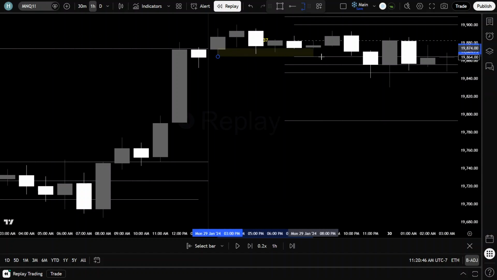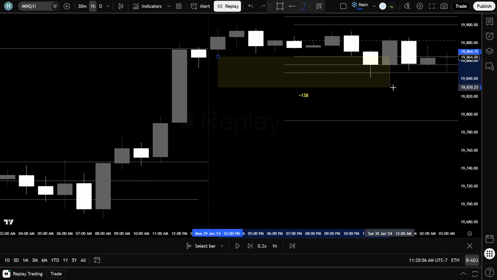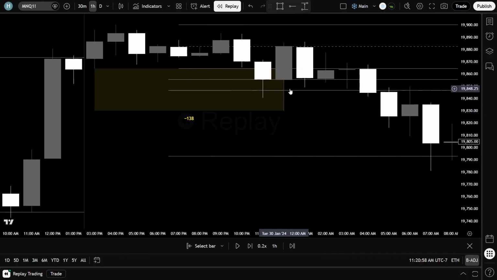Okay, here is where the problem comes in. Let's say we entered here. It would be a long for sure. Our stop loss again is going to be about 200 ticks. It's more like 196 because of the fees.